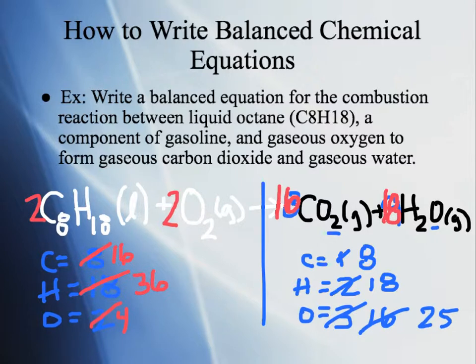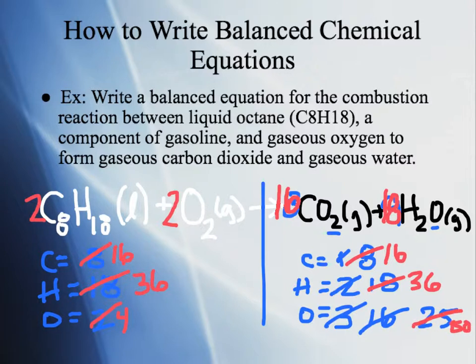On the right, we've got 16 carbons, so that still equals out. For the hydrogens, we have 18 times 2, which is 36, which still balances, which is good. Now let's look at those oxygens. We have 16 times 2, which is 32, plus 18. 32 plus 18 is 50.